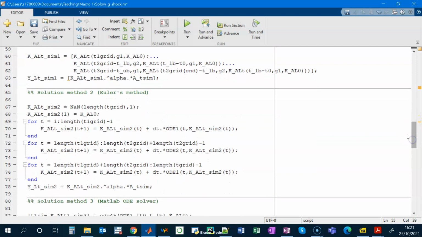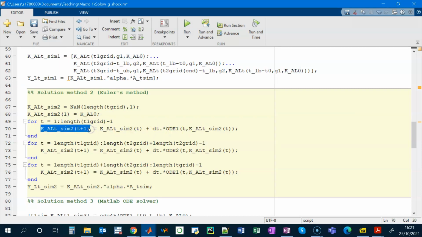I can also use Euler's method, which is probably the simplest way to solve an ODE. I just start with capital per effective worker in the initial point, the initial condition, which remember is on the balanced growth path. And then I just iterate from T0 to T upper bar on this expression here.